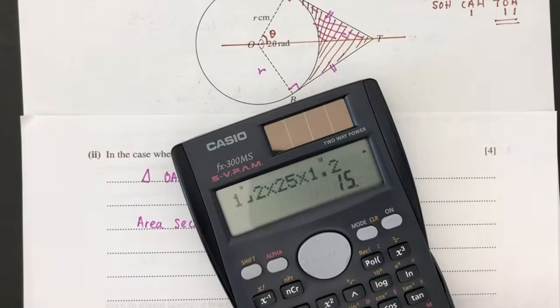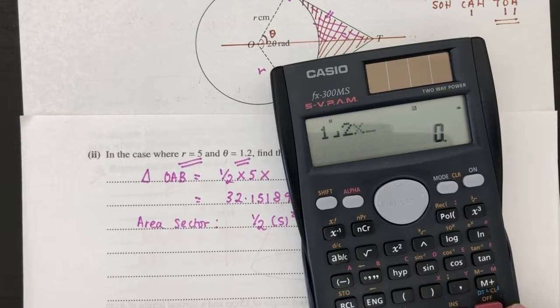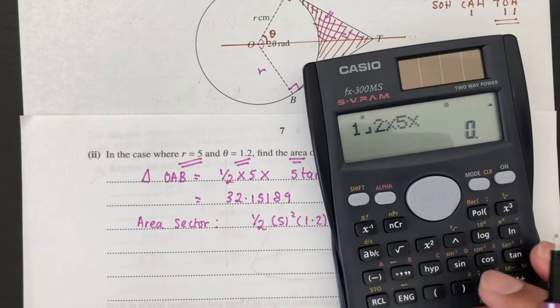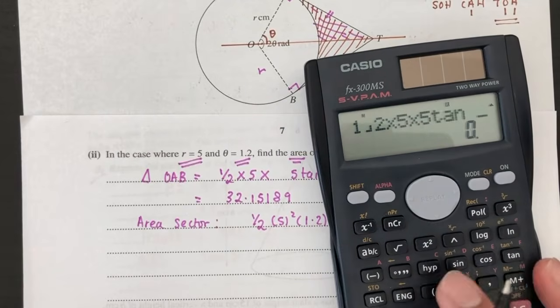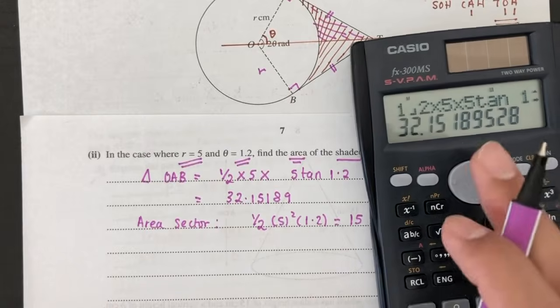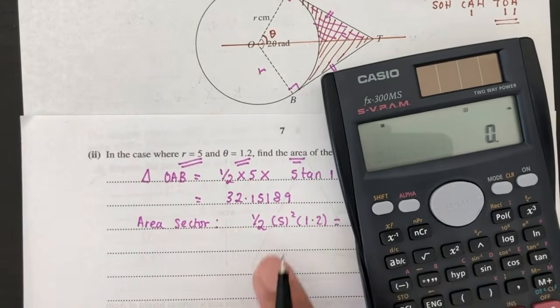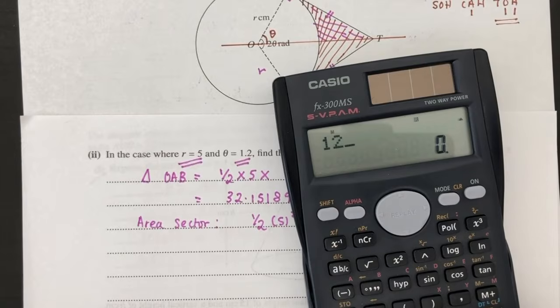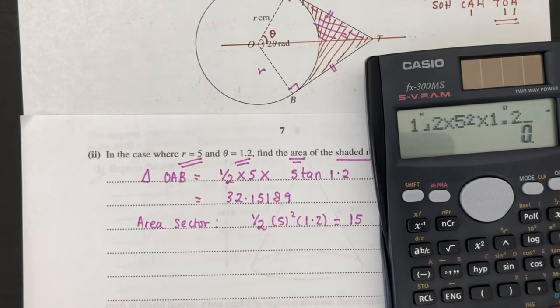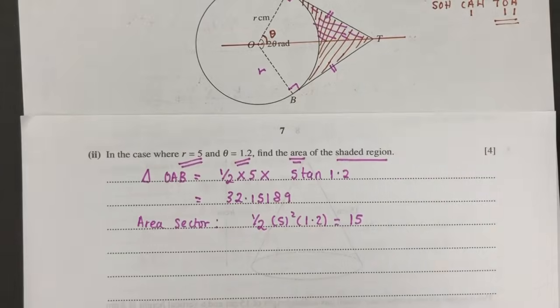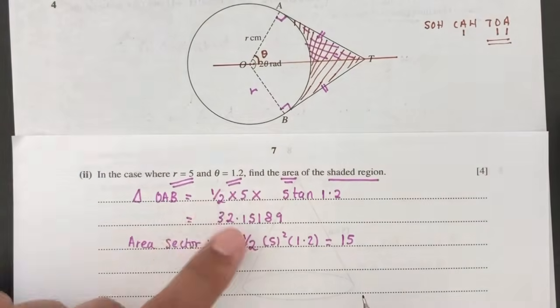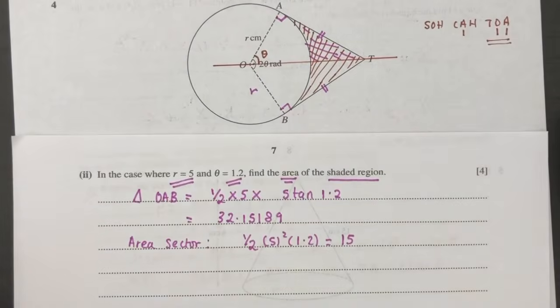Okay, let's double check. Area of triangle is half times base 5 times height 5 tan of 1.2, that is 32.15, good. And the area of the sector is half times 5 squared times 1.2, which is 15.